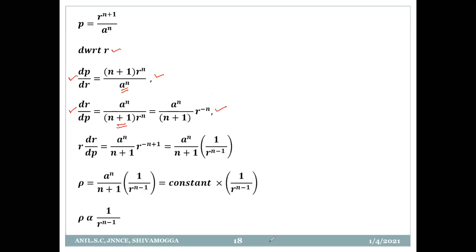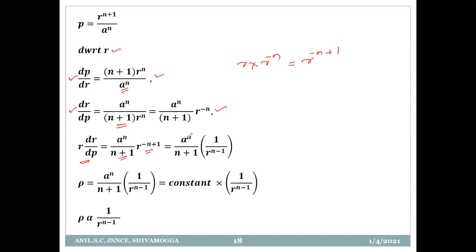Now multiply both sides by r, because required is r dr/dp. Therefore, multiply both sides by r. r dr/dp is equal to a^n / (n+1) into r times r^(-n), which is r^(-n+1).